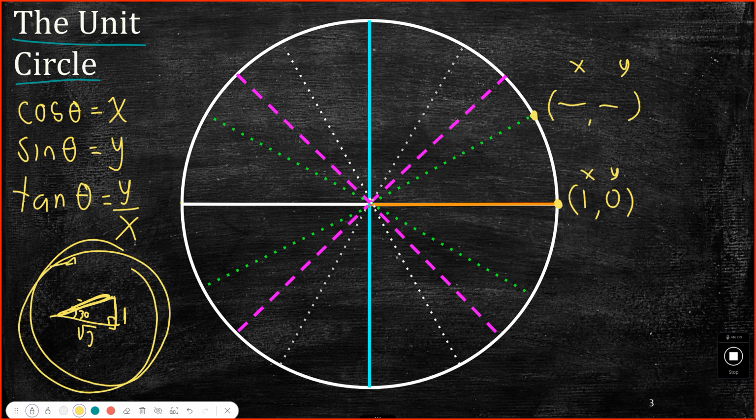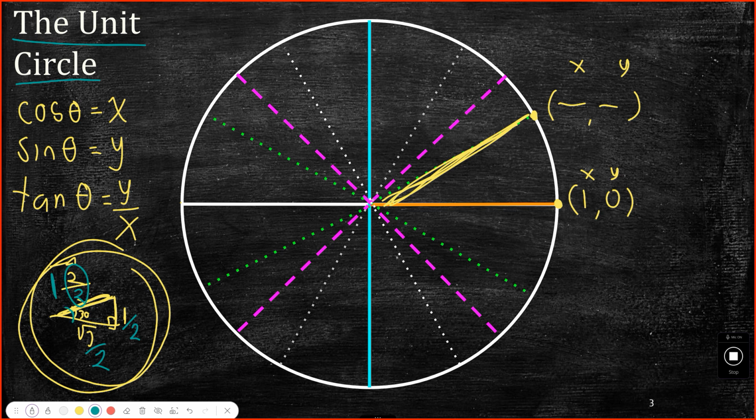Let me erase this too. If I wanted it to be 1, because I told you this is a length of 1, because it's called a unit circle, let me divide this by 2. So what is 2 divided by 2? That would give you that 1. And then that divided by 2, and that divided by 2. Oh, look at this.